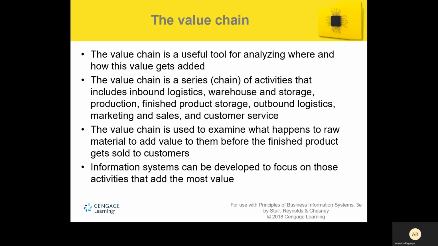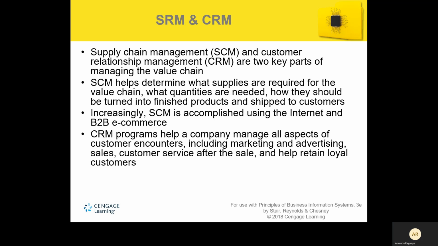Quite interesting. Okay. So we need systems to be able to do these activities. So those two systems, we see them here. We have SCM, supply chain management, and we have customer relationship management system, abbreviated CRM. These are the two key parts of managing value chain.